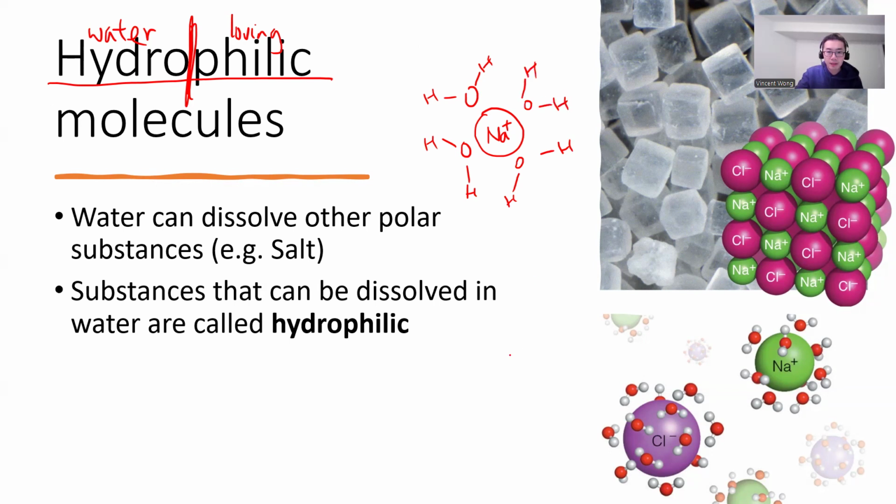On the other hand, if you have the chlorine, which is negative, the hydrogen will be hugging the chlorine. Right? So this interaction essentially allows the salt to temporarily separate, not back into sodium atoms and chlorine atoms, but separate into its ion form. Okay, and that allows it to dissolve into the water.